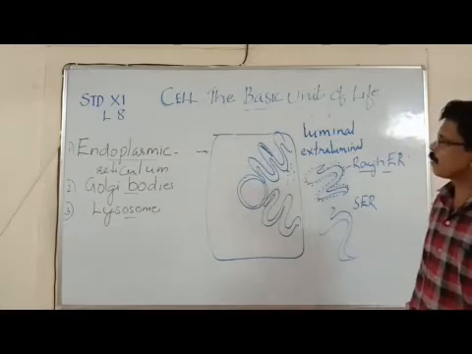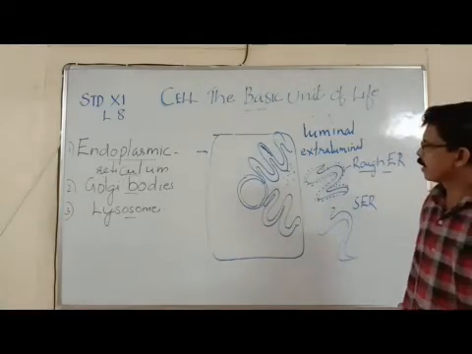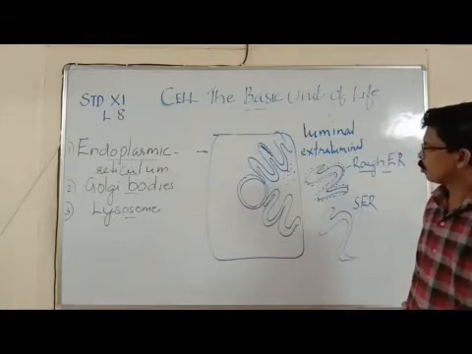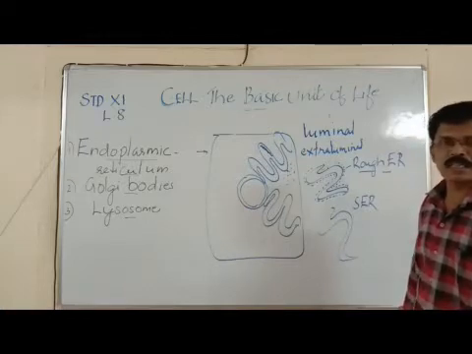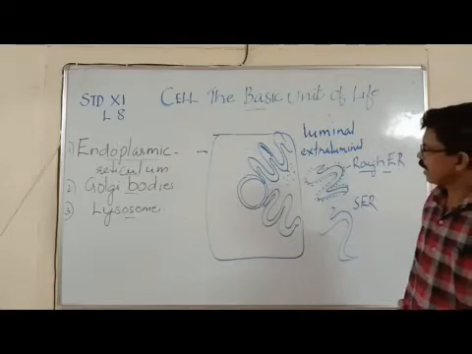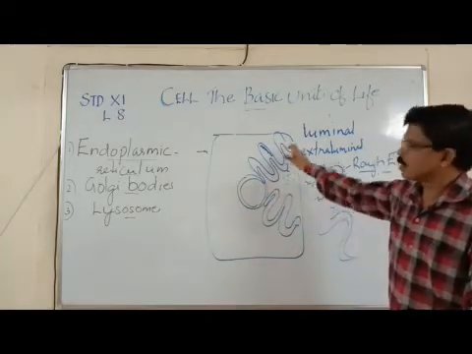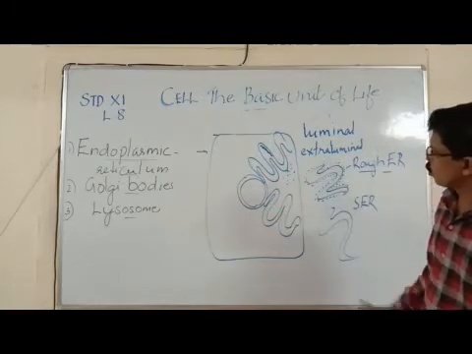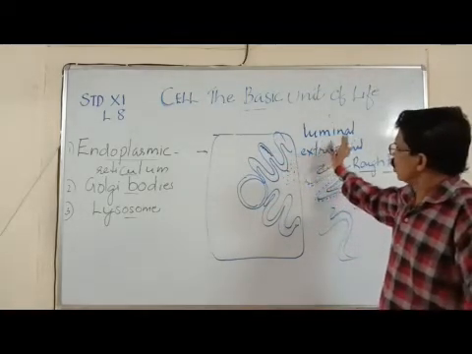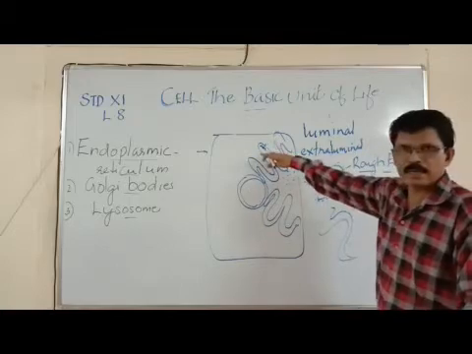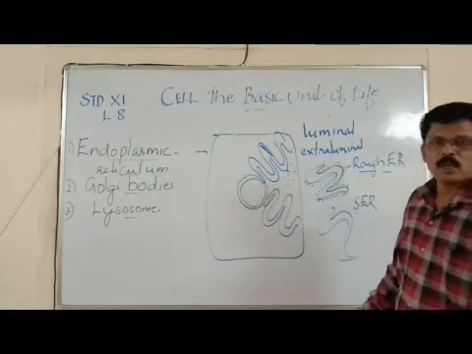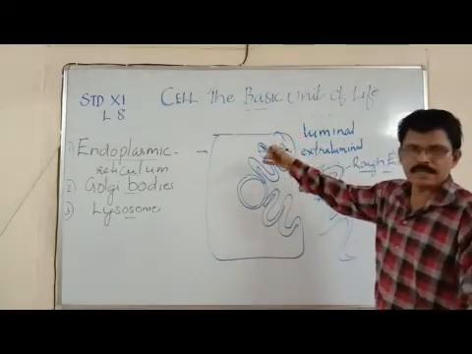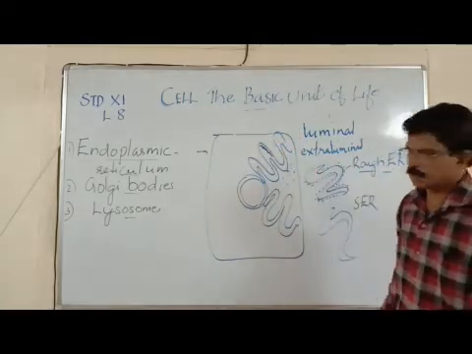The definition of the endoplasmic reticulum: it is an interconnected network of tubes. They extend from the nuclear membrane to the plasma membrane. Clear? Now, there are 2 sides: the luminal side, that is the internal side of the endoplasmic reticulum, and extraluminal, which indicates the external side, that is the side facing the cytoplasm. Right?